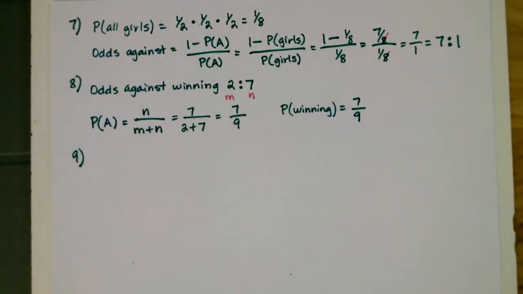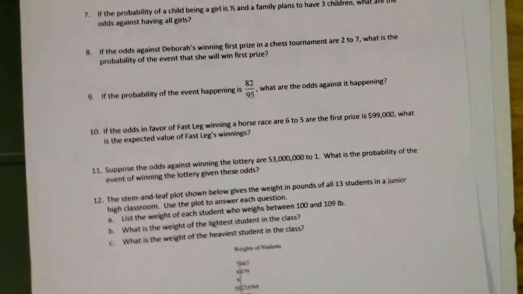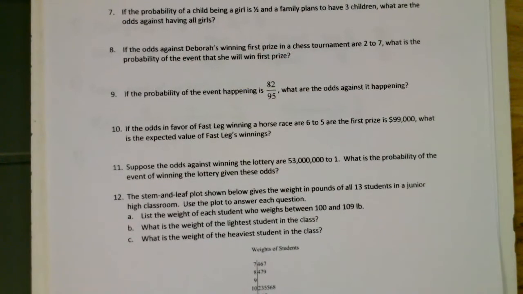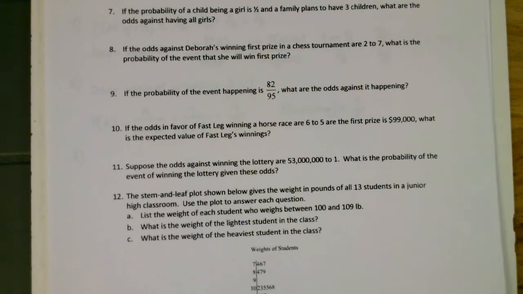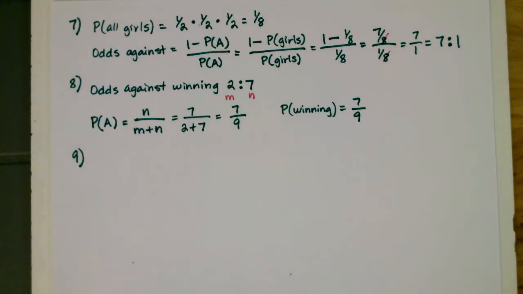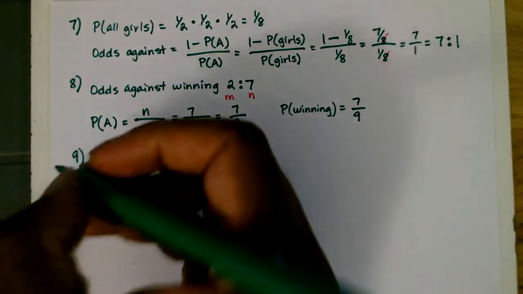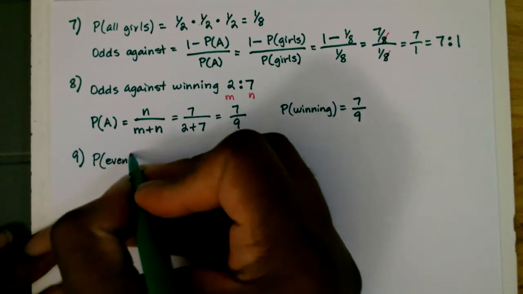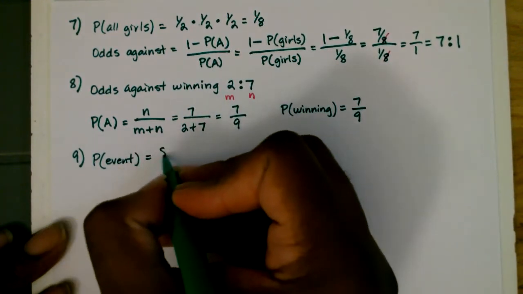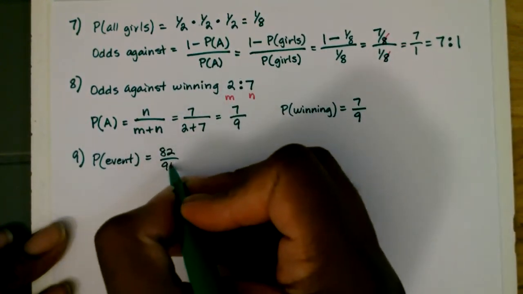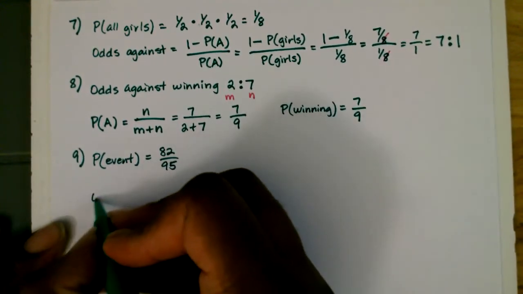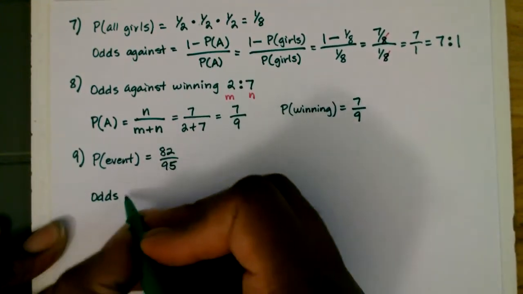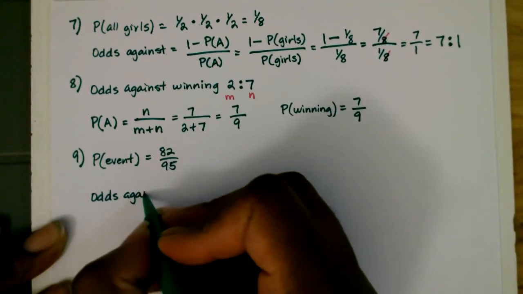All right, problem number 9 is this. If the probability of the event happening is 82 over 95, what are the odds against it happening? So the probability of the event happening is 82 over 95. So now I want the odds against that event happening.